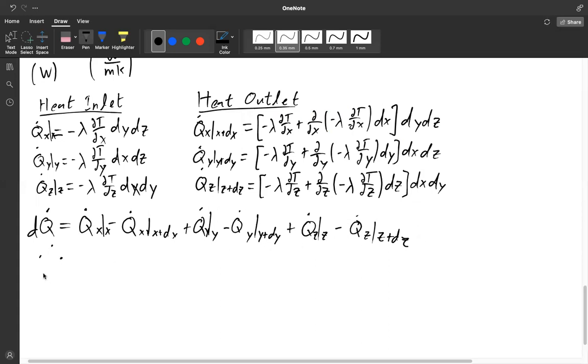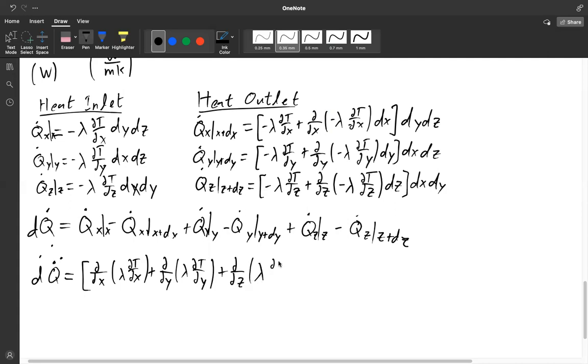Therefore, dq equals out to be partial x of lambda partial t partial x plus partial y of lambda partial t partial y plus partial z of lambda partial t partial z, multiplied by the control volume.